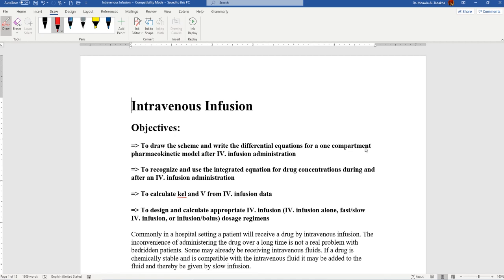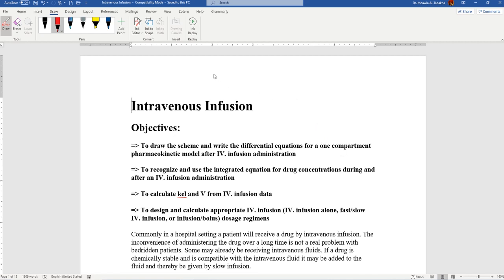This sometimes can be 15 minutes, 30 minutes, or even more, while IV push or IV bolus takes place in probably less than 1 minute. So here we are administering the drug slowly.